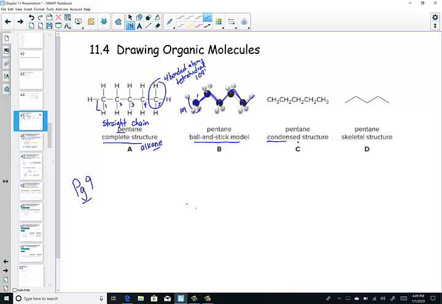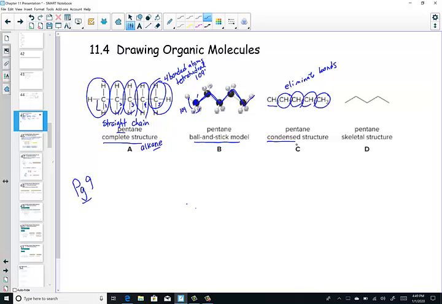We then refer to a condensed structure where we eliminate all of those single bonds within that hydrocarbon backbone and just simply write CH3 representing the first carbon, CH2 representing the next carbon. Here's the next CH2. We have another group of CH2, and finally the terminal CH3 group representing this CH3 here.